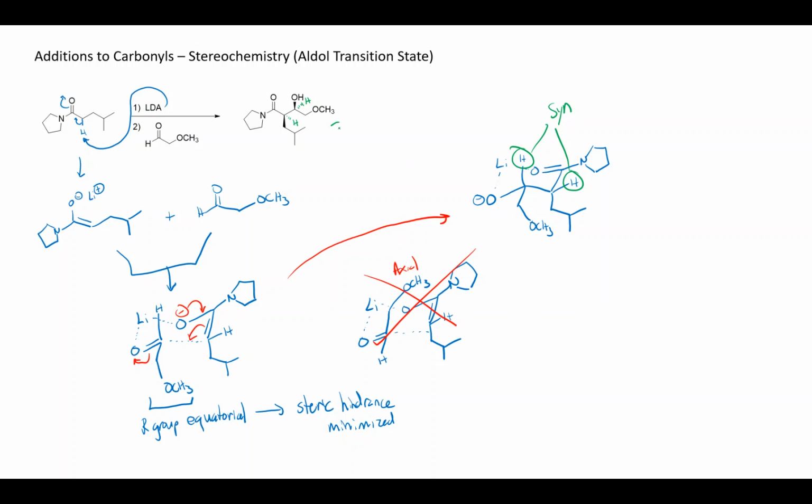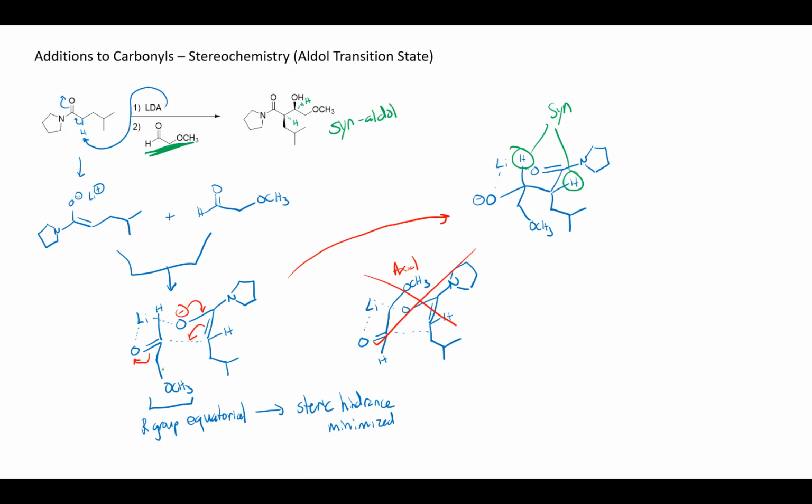So once again, we usually get the syn-aldol product. Lots of people have done a lot of work to control the syn-aldol product versus the anti-aldol product. But in this six-membered transition state, the R group of the aldehyde that we're adding in step 2 has to be equatorial.